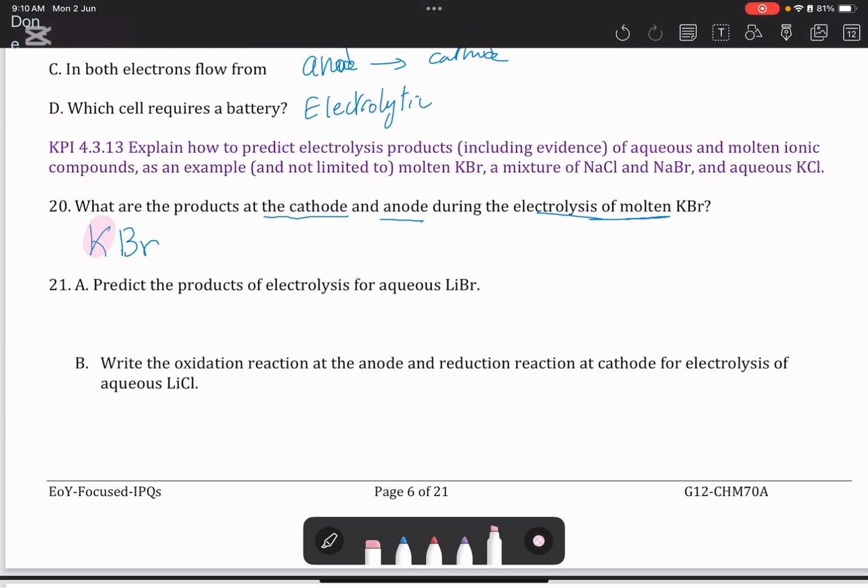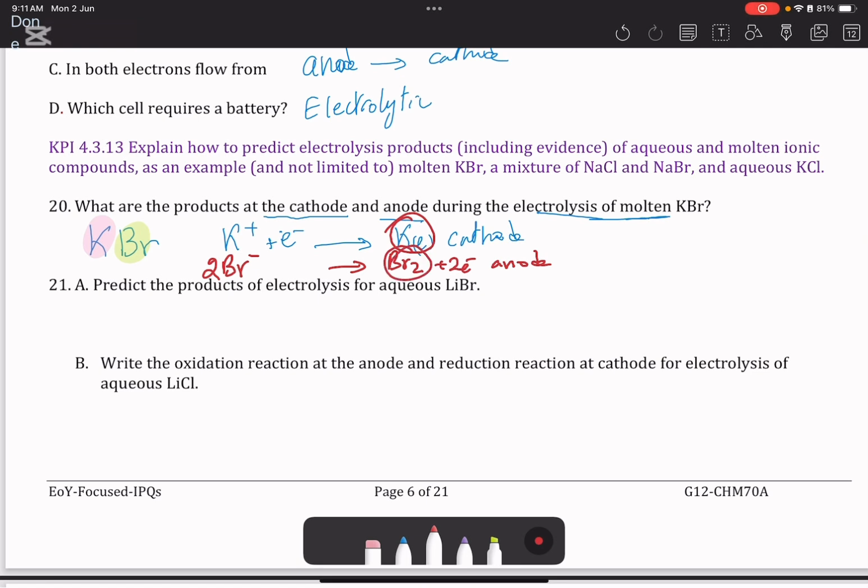K plus is going to be discharged at the cathode, giving K, metal, that is liquid at the cathode. And Br minus is the anion that's going to be discharged at the anode, giving Br2 and releasing 2 electrons at the anode. So at the cathode we obtain metal K, at the anode we obtain liquid bromine.